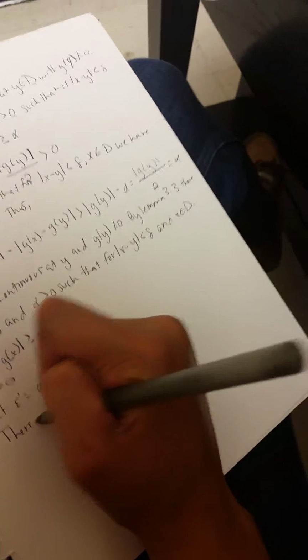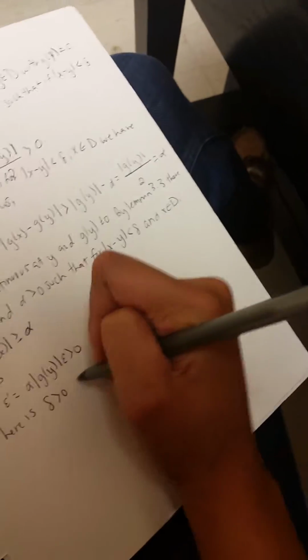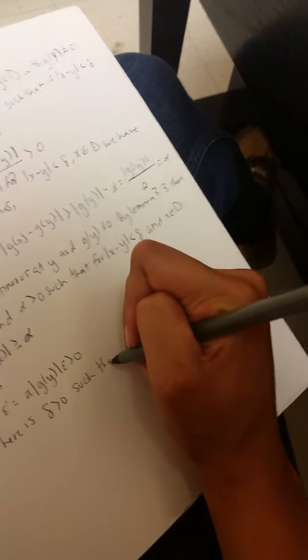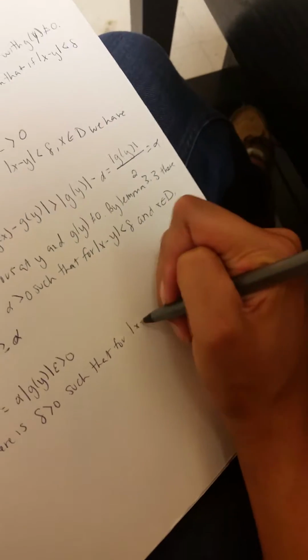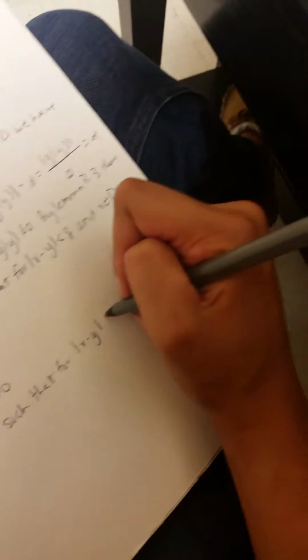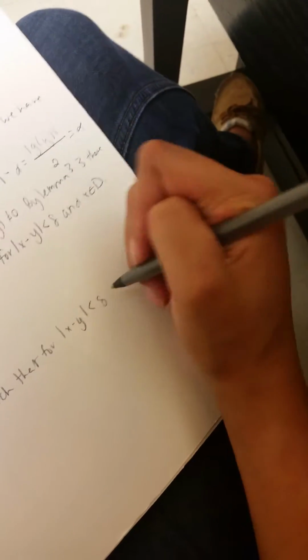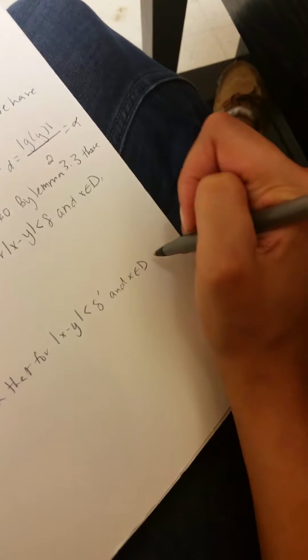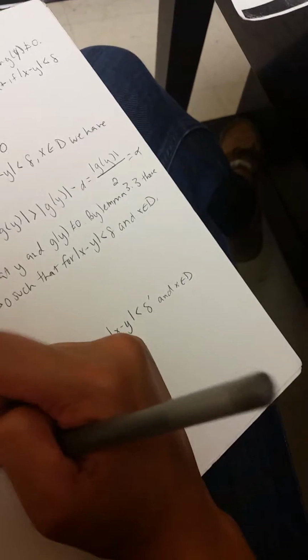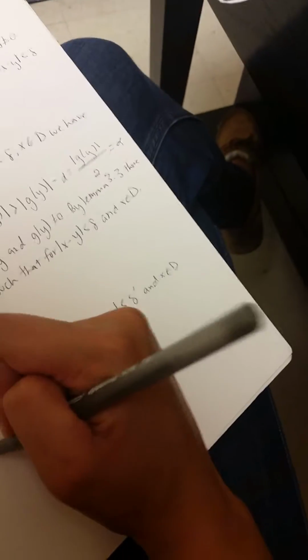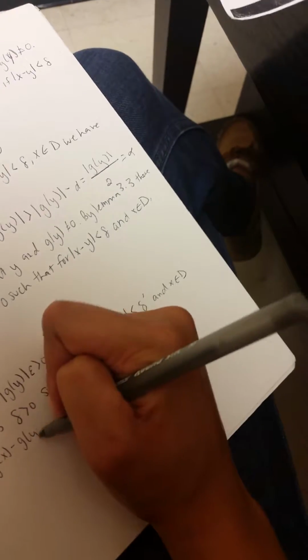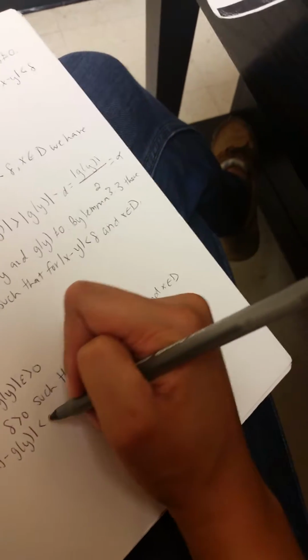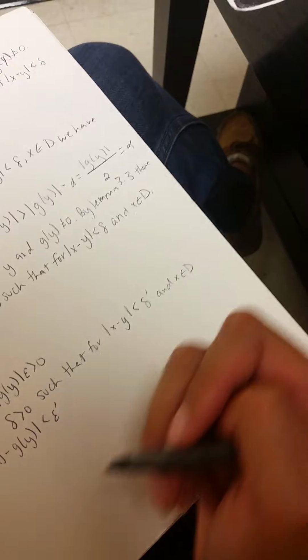And there's a delta prime greater than 0 such that for absolute value of x minus y less than delta prime, and x in the domain, the absolute value of g of x minus g of y is less than epsilon prime.